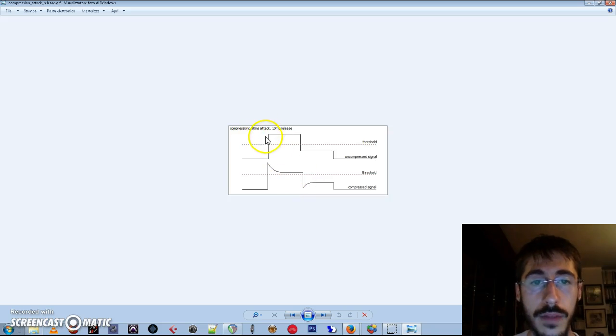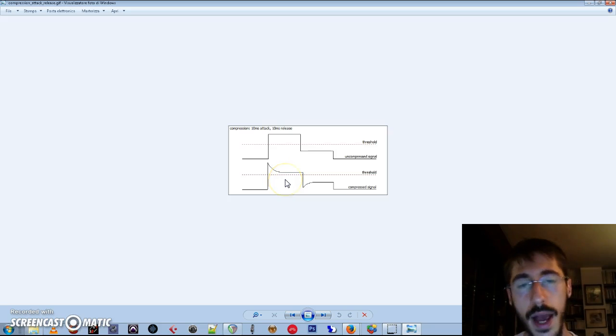But since we have this amount of attack and this amount of release, that is how much time needs to pass before the compression begins, and how much time needs to pass before the compression gets to its full ratio, and how much time needs to pass before the compression stops working at all.